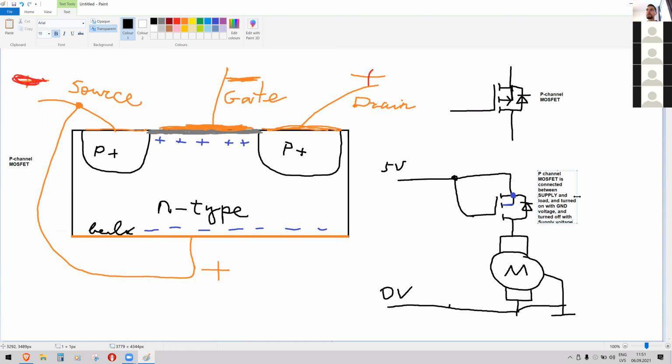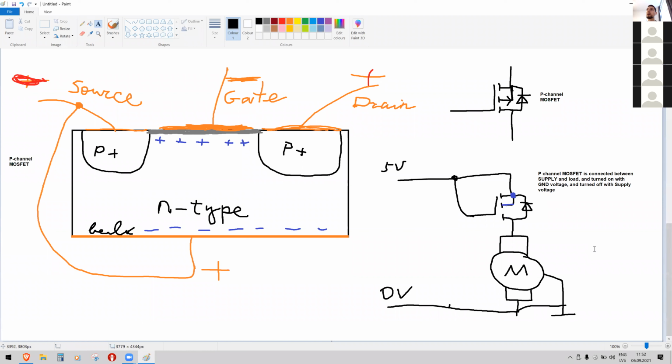You know, they're kind of like opposites. So P channel you put in the upper part of the schematic, you turn it off by connecting to 5 volts and turn on by connecting to 0 volts. You know, so this is how these transistors work.